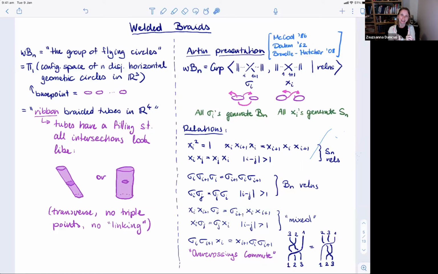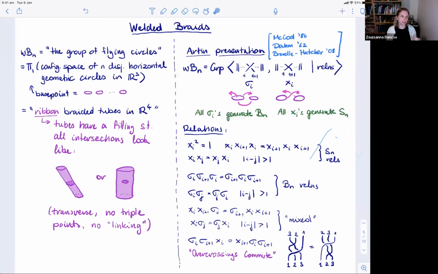And that is not null homotopic in R2. So in this representation of the welded braid group, the braiding doesn't come from 2 circles just swapping places around each other, because that would be null homotopic. R3 is too many dimensional. Yes. But codimension 1 can work even in infinite dimension.